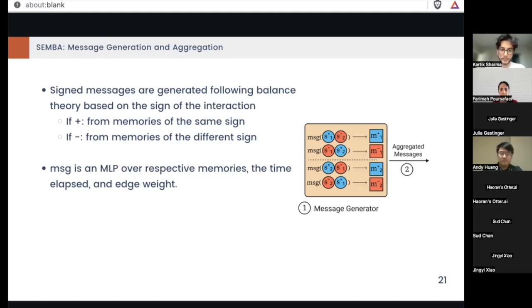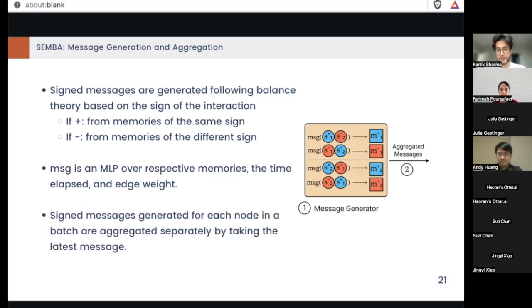We get a positive message and a negative message based on which memory is being taken up.